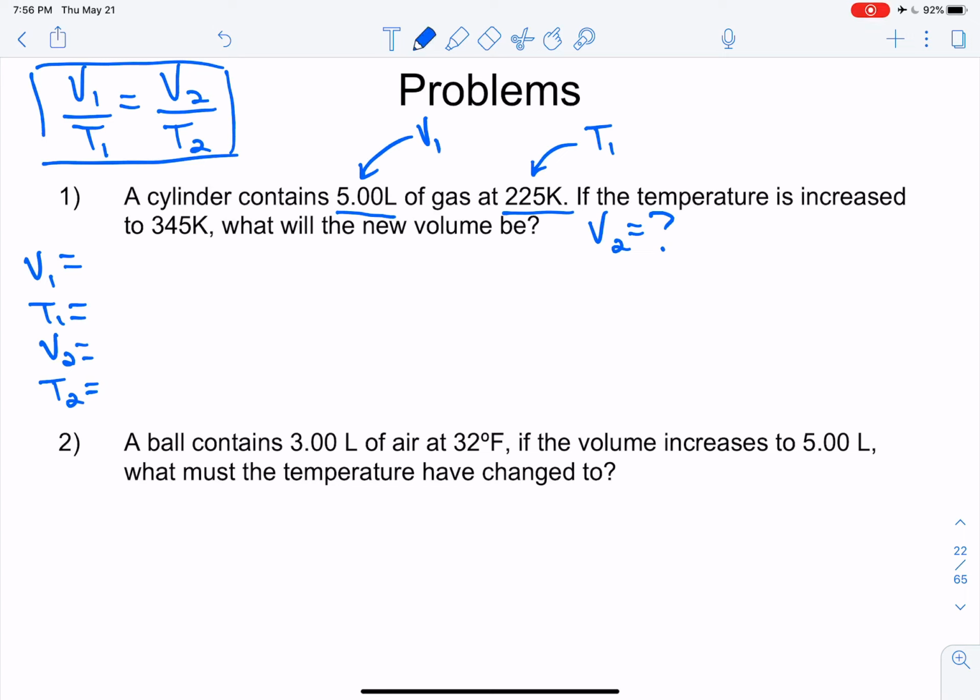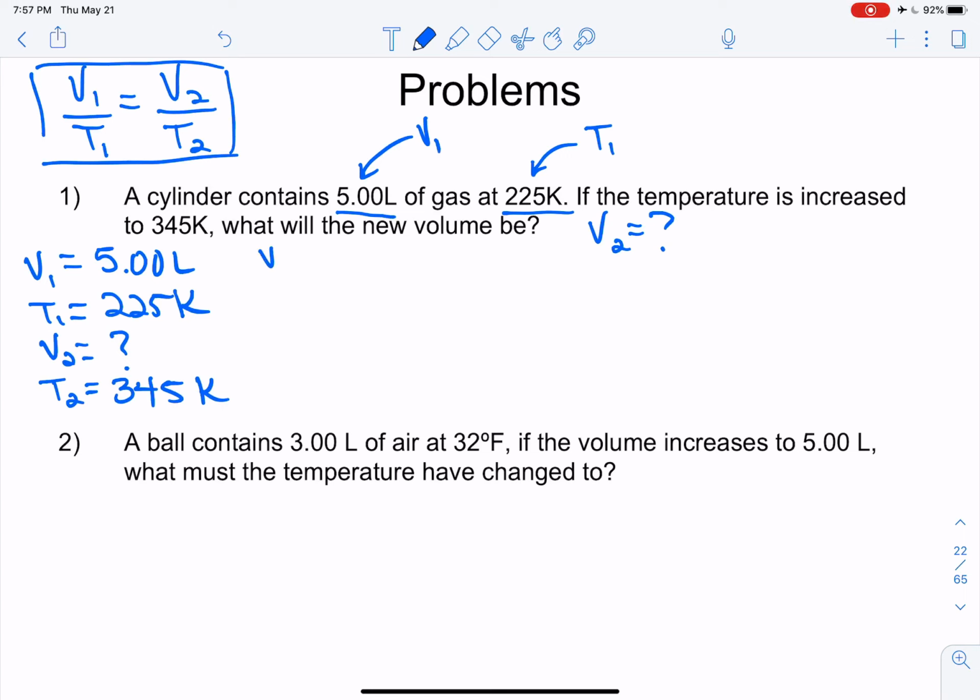And then we're going to identify V1, which we already did, and go ahead and write it here. So we've got 5 liters and T1 is 225 Kelvin. V2, what is V2? We don't know what V2 is. We're solving for V2. And T2 we said was 345 Kelvin. Okay, so we're solving for V2.